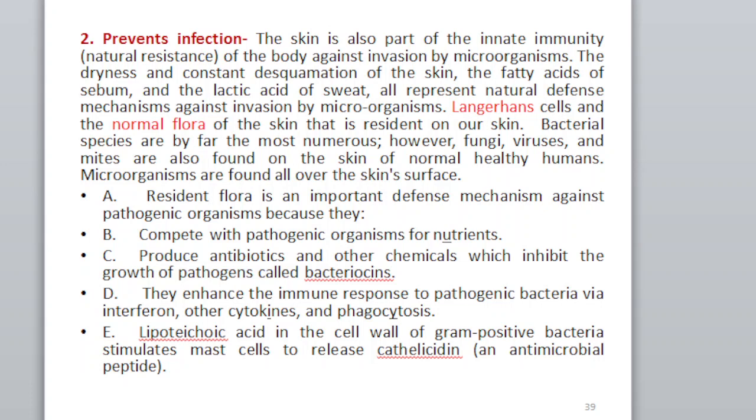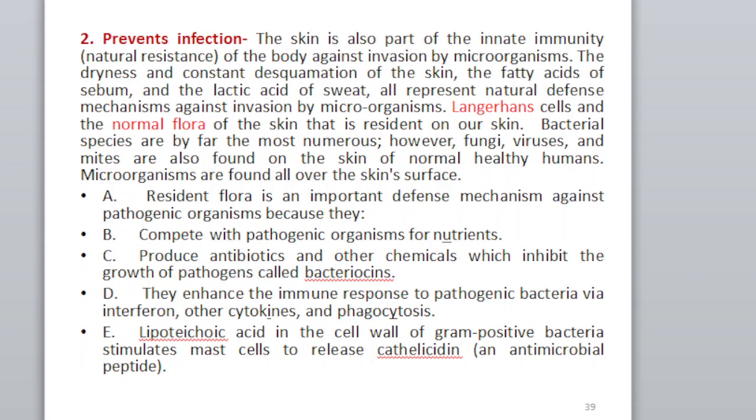Also Langerhans cells and the normal flora of the skin that is resident on our skin. Bacterial species are by far the most numerous. However, fungi, viruses, and mites are also found on the skin of normal healthy humans.